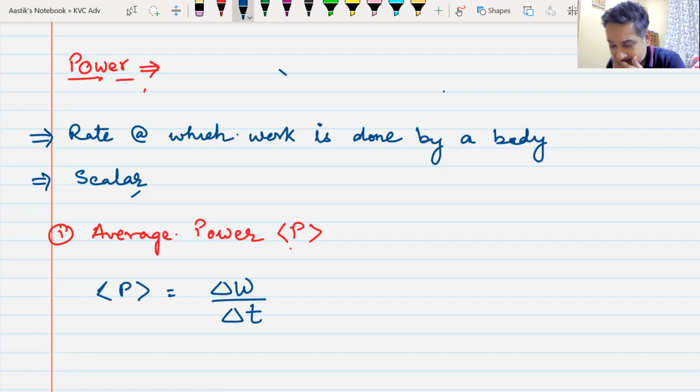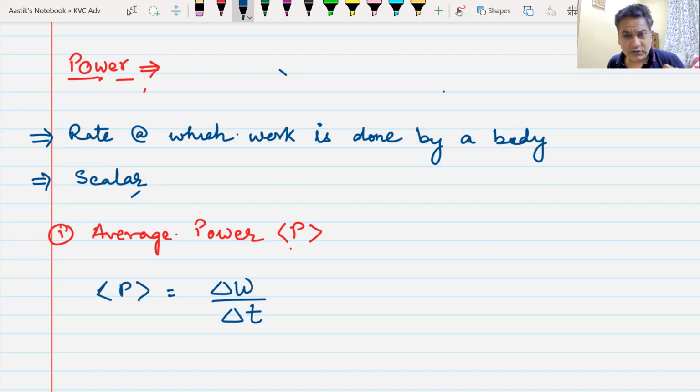Do you understand this? Yes, sir. Total work divided by total time is not power, it is your average power. This average power is always between 2 points. Do we understand this? Yes, sir.